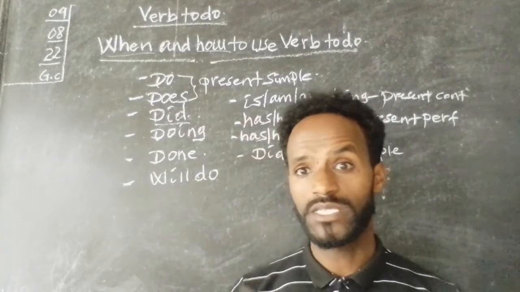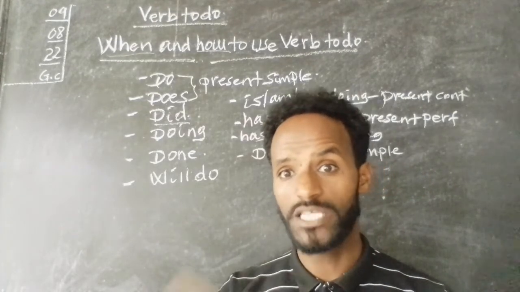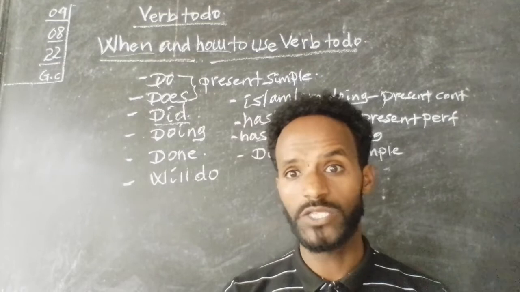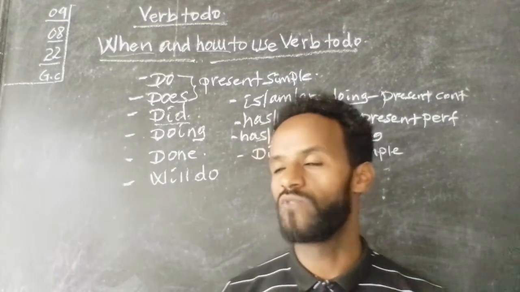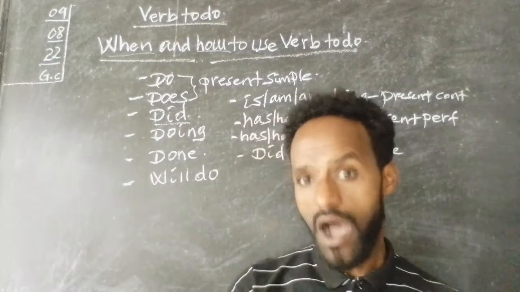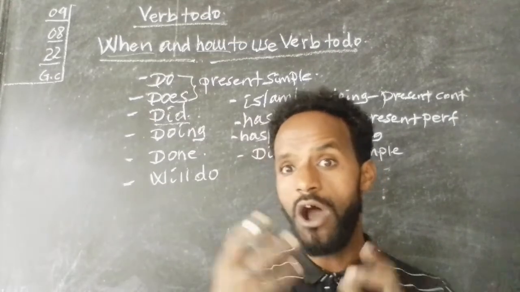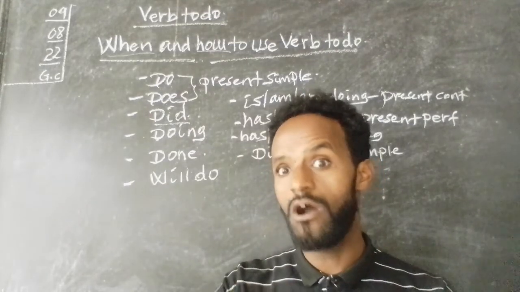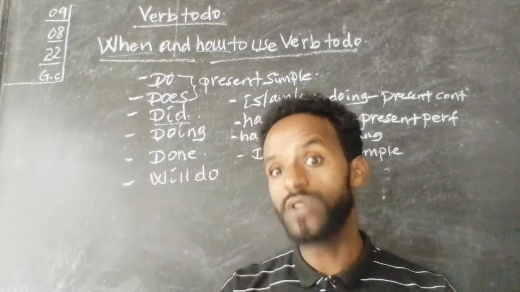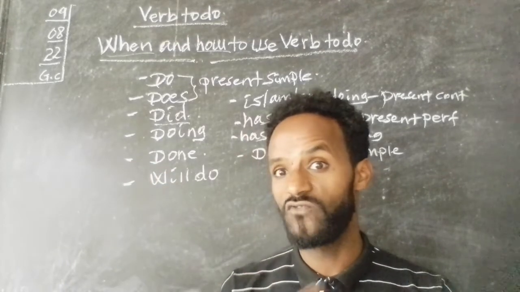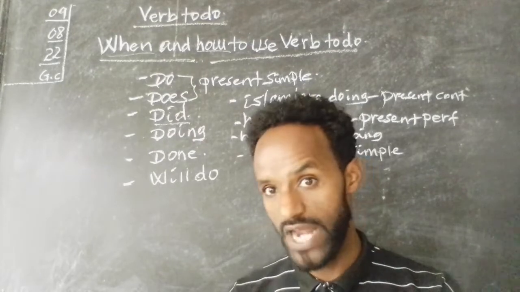Another type of the past tenses of the verb to do is the past continuous of the verb to do. To form the past continuous of the verb to do, we use the auxiliary verb to be in the past, that means was or were plus the verb in infinitive form of do, which is called doing.